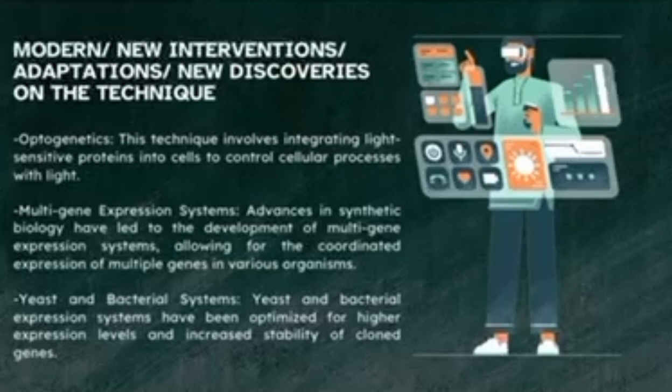Multi-gene expression systems refer to the genetic constructs or platforms that allow for the coordinated expression of multiple genes within a cell or organism. These systems are designed to enable the simultaneous production of proteins, often with specific functionalities for complex biological processes.